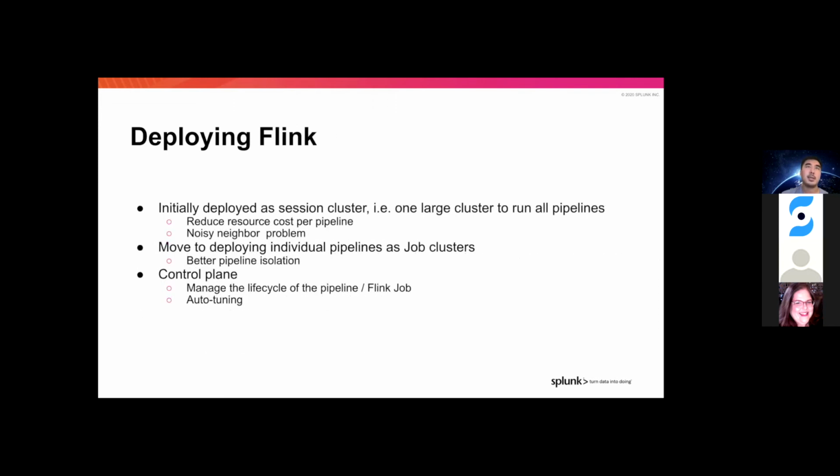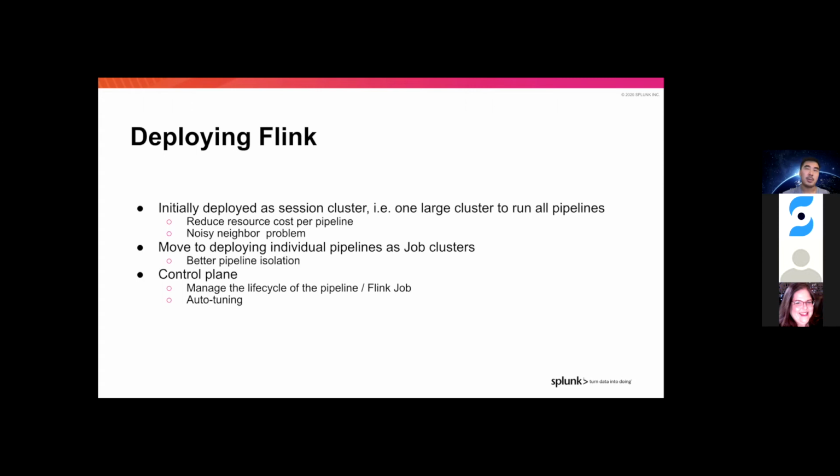So I talked about deploying Pulsar, but let me also talk about deploying Flink. Initially, in SBS, we deployed Flink as session clusters, which is one large cluster to run all the pipelines. Some of the benefits of that is that we reduce resource cost per pipeline, because everyone runs as threads within task managers in Flink.